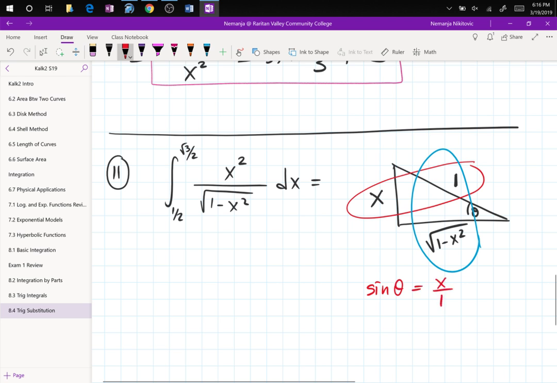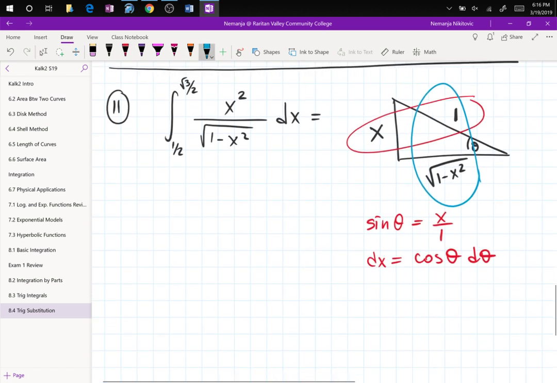Well, it's just equal to x. dx is equal to the derivative of sine, which is cosine theta d theta. Blue is cosine theta, which is equal to the square root of 1 minus x squared over 1. So there, the square root is cosine.